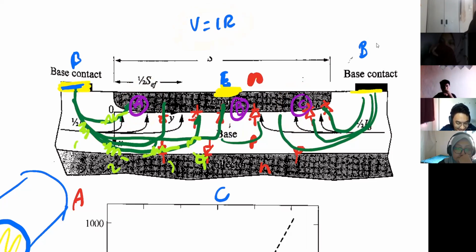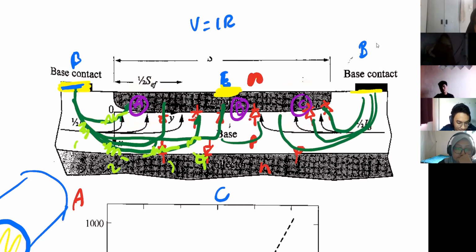When the current is bigger, the drop will be more. So the diode at A and C will turn on more and carry more current, which gives rise to emitter crowding, which gives rise to heating.